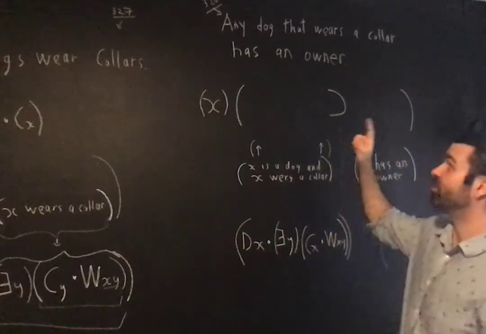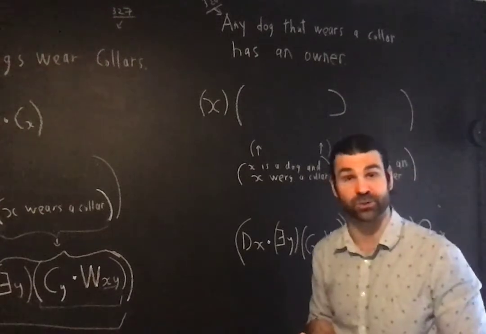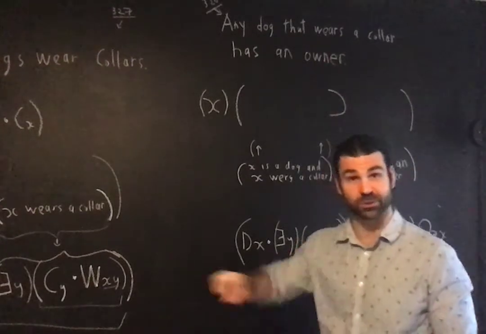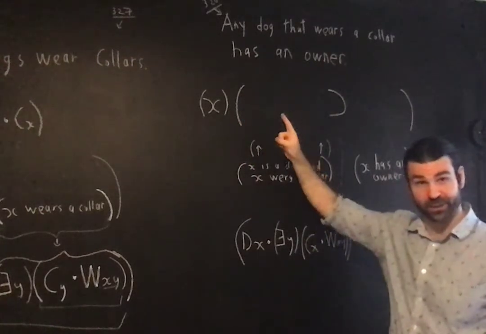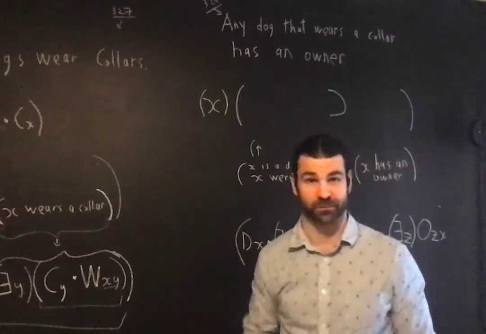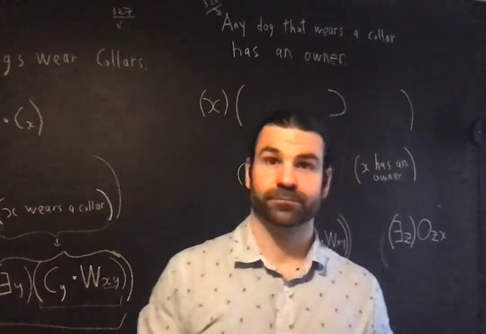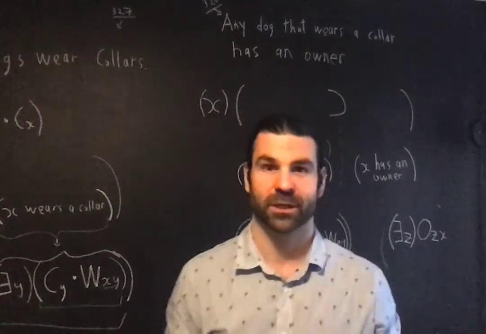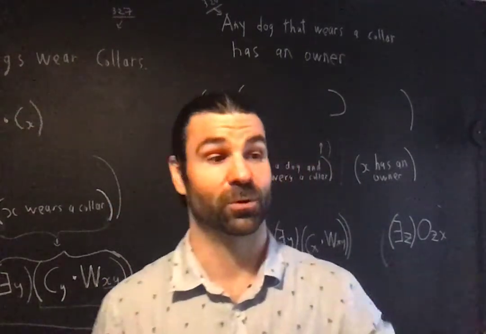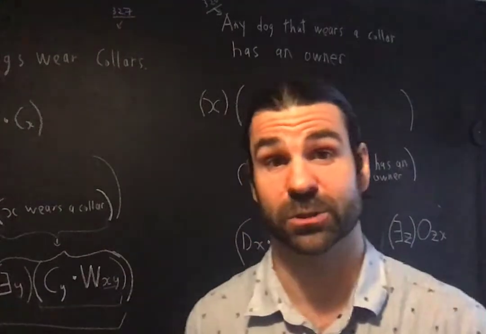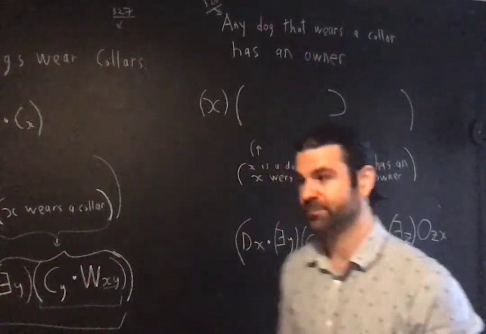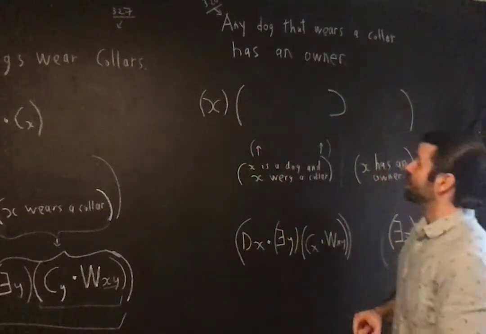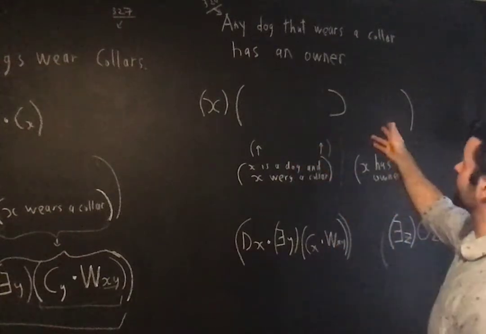The overall form of the sentence is an A. It's universal inclusion. Why universal? It says "any," okay? Any gets the universal quantifier, right? Anything will do. For all x, x will do. Or for all x, if x is a thing, then x will do. Anything will do. Okay, so it's universal and it's inclusion.